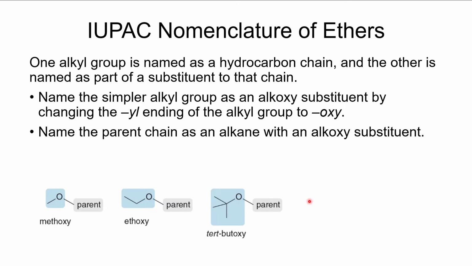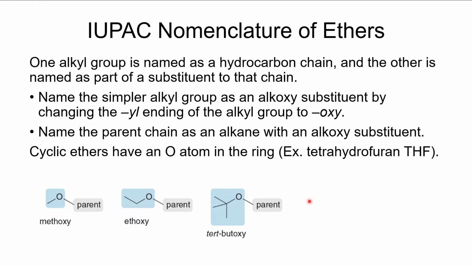All right, so name the parent as that. There are a few specialty ethers, some cyclic ethers like tetrahydrofuran, and we'll talk about a few other ones a little bit later. But this one is a commonly used solvent for organic chemical reactions.